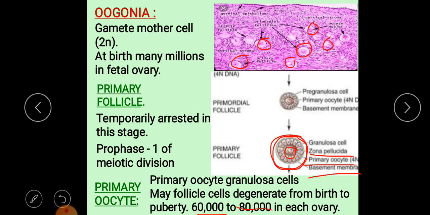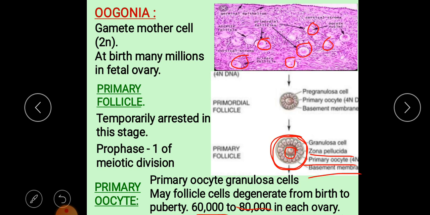One thing we have to understand here: for the primary oocyte present in the primary follicle, at this stage the complete oogenesis process undergoes two cyclical processes, meiosis 1 and meiosis 2, and mitosis also takes place. When the primary follicle cell is formed, meiosis 1 is taking place.